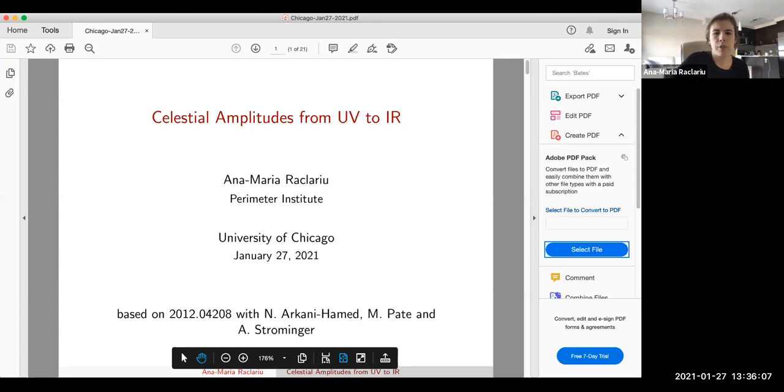This work triggered more and more interest in the so-called celestial amplitudes, which, as we'll see, are nothing but conventional scattering matrices in quantum field theory expressed in a different basis. So instead of working with asymptotic states, which are the standard momentum eigenstates, we will be interested in objects which are expressed in a basis of boost eigenstates instead.